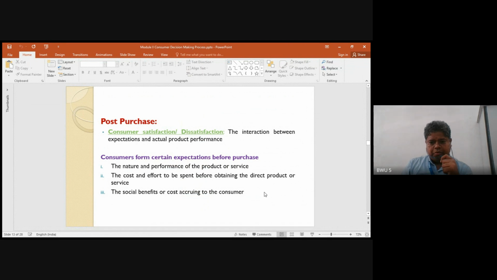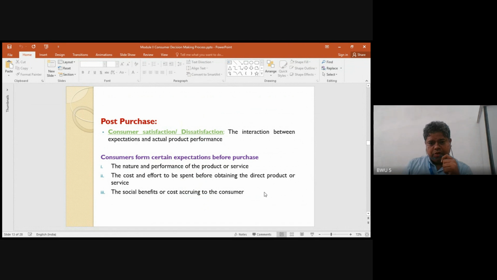Before we purchase a product, we are likely to have pre-purchase expectations related to performance of the product. So this product is likely to perform like this. These would be the features functioning like this. Now, once we purchase, we start using the product.